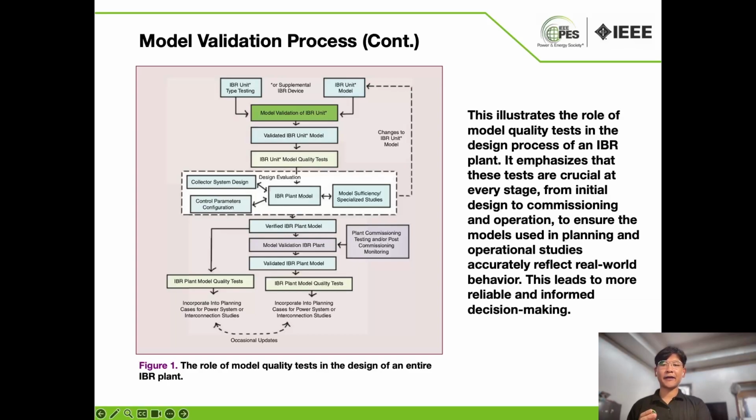This step carried out by an OEM would be a comparison of the model behavior against type testing of hardware or the HIL setups.